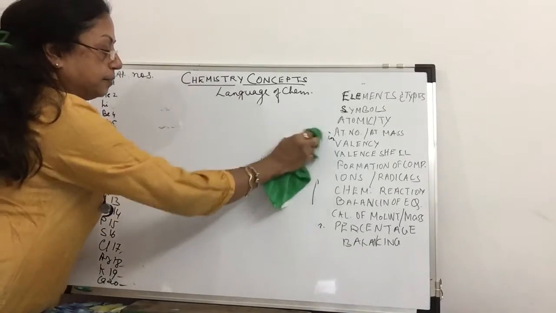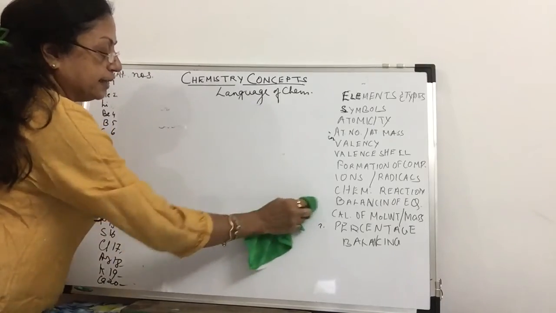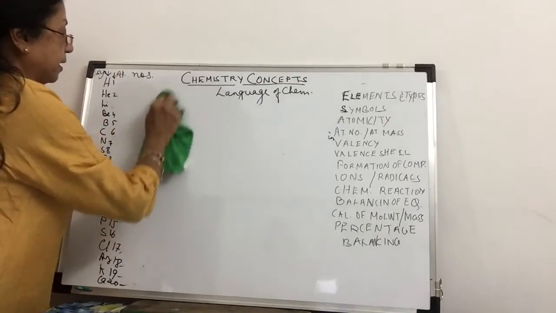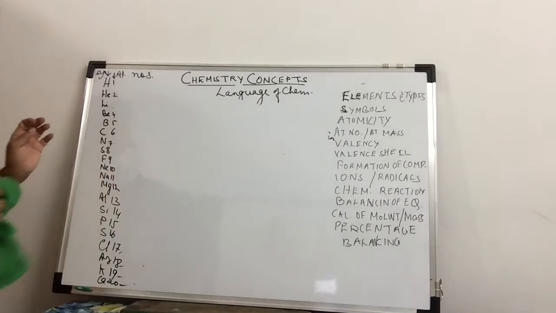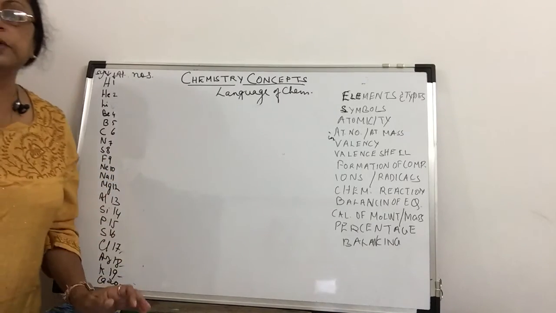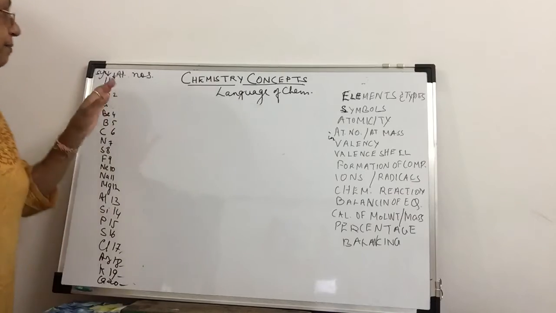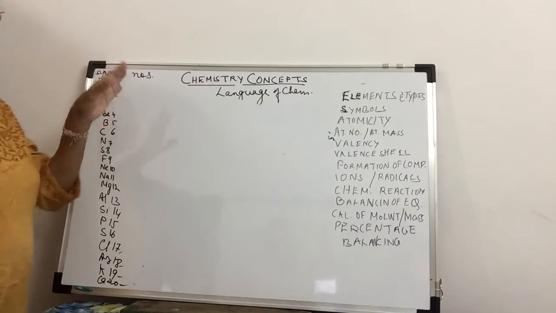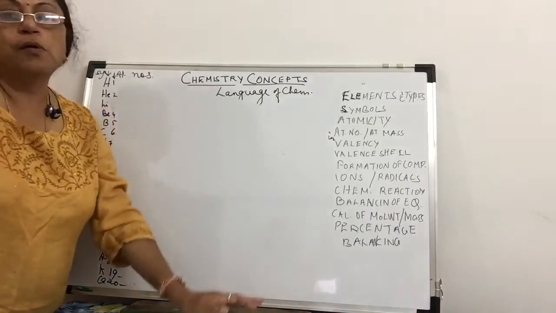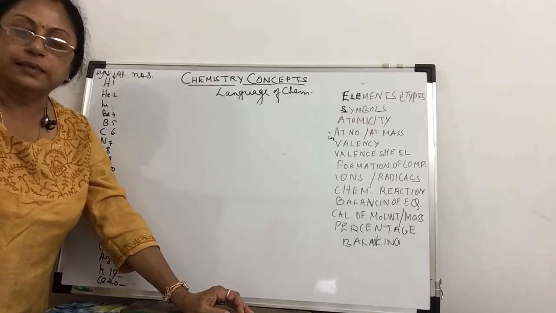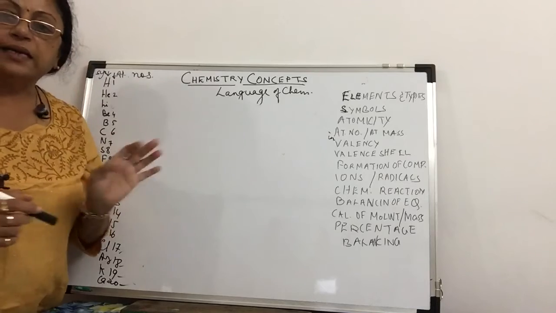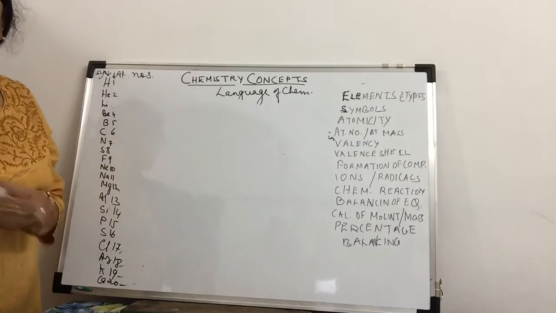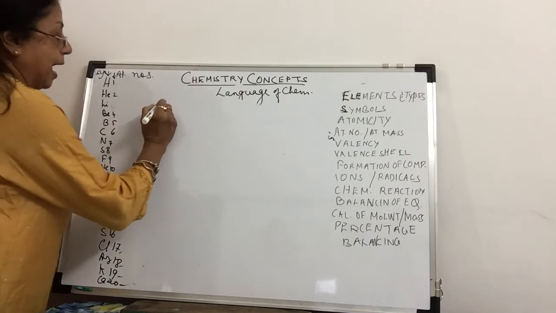After giving symbols to these elements, a very important thing we should know is that these symbols have some atomicity. What is atomicity? Atomicity means the number of atoms present in a molecule.